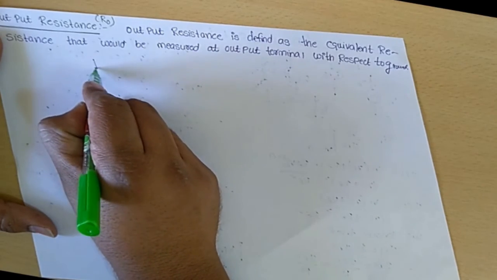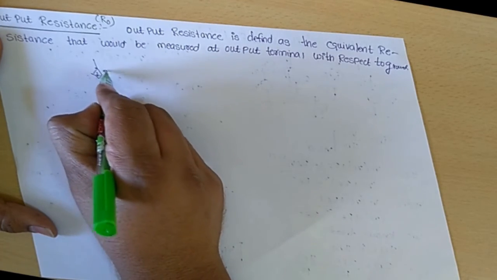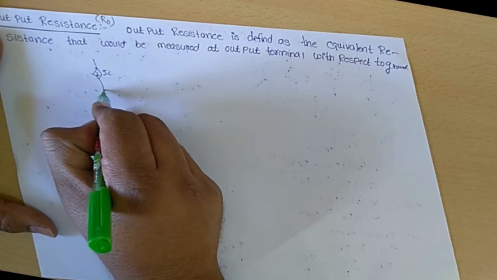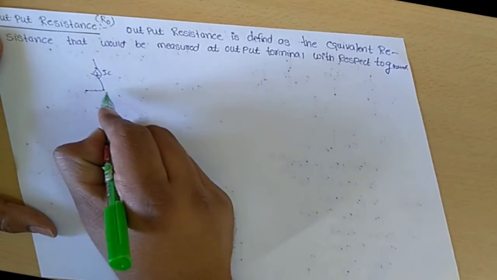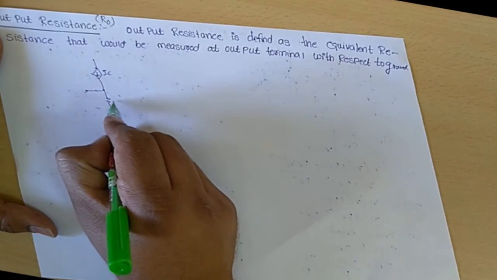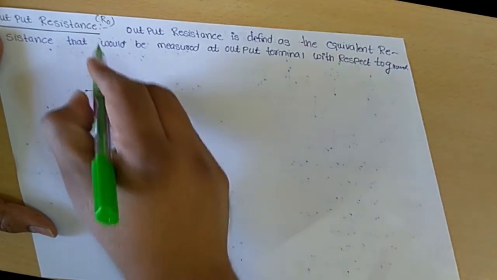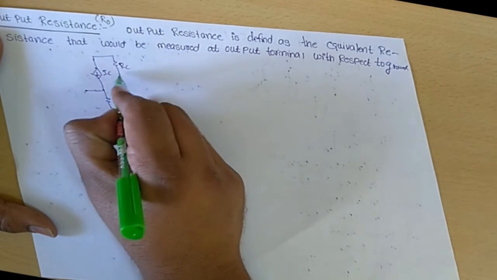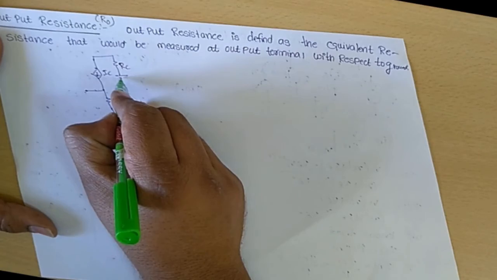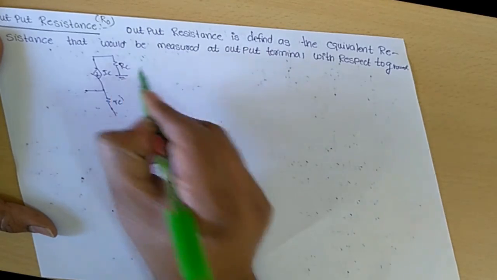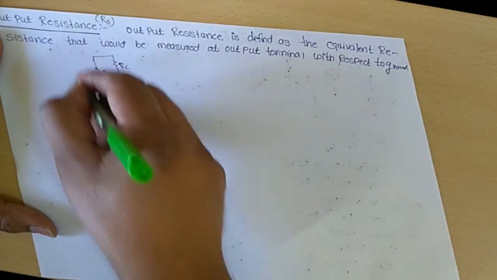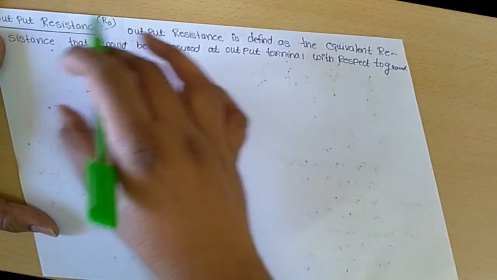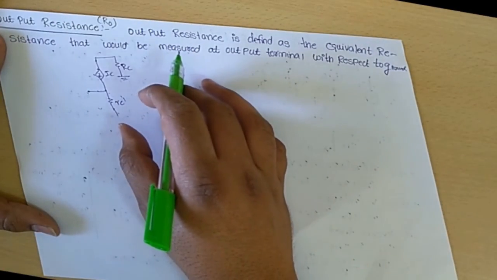That is, here we have the dependent current source IC, and here we have the base terminal, and here we have the RE dash. Okay, and here we are connecting the collector resistance RC, and this DC voltage should be grounded. Okay, so with respect to this equivalent circuit, we are estimating the output resistance of the differential amplifier.